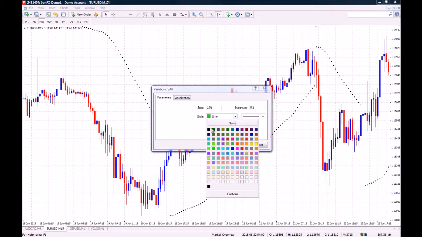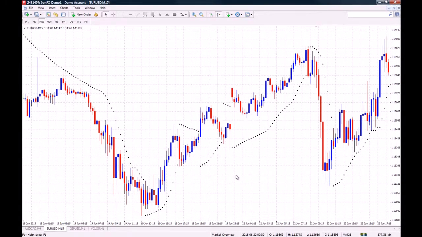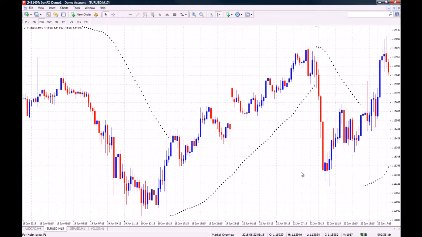If we reset the parabolic SAR to its default parameters, you are going to get a very choppy parabolic SAR, and you're going to get a lot of false breakouts. So what you need to do is lower the step to a 0.005, okay? And you're going to get this kind of parabolic SAR.